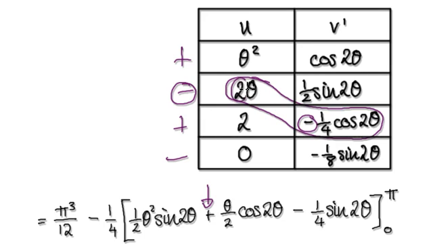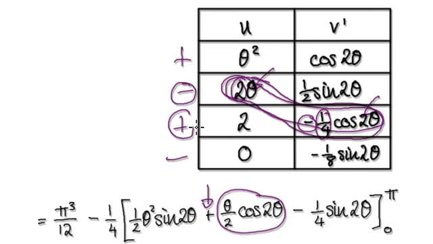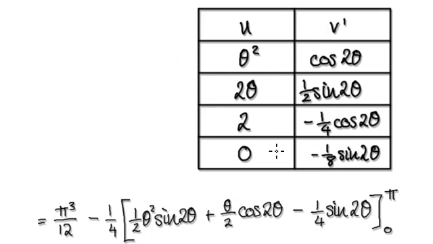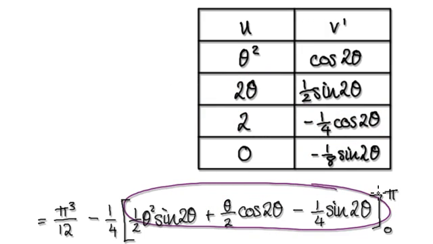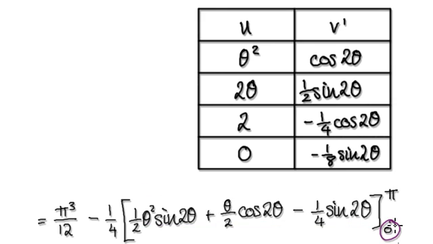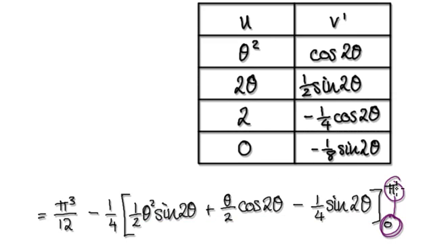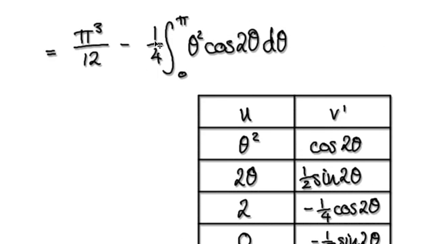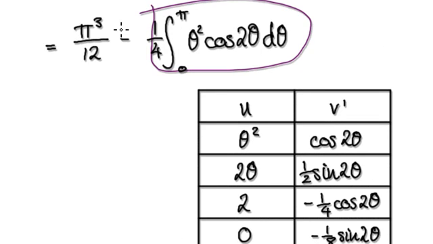And then you've got 2 times a quarter, so that would be a half, and then you've got your theta here. This thing here will then become this, and then don't forget the next one will be plus this thing here, but then you've got a negative here, so that will give you this negative, and this times this thing here will then give you this. So overall, the answer would be this, evaluated from 0 to pi. Integrating this whole thing here will then give you this.